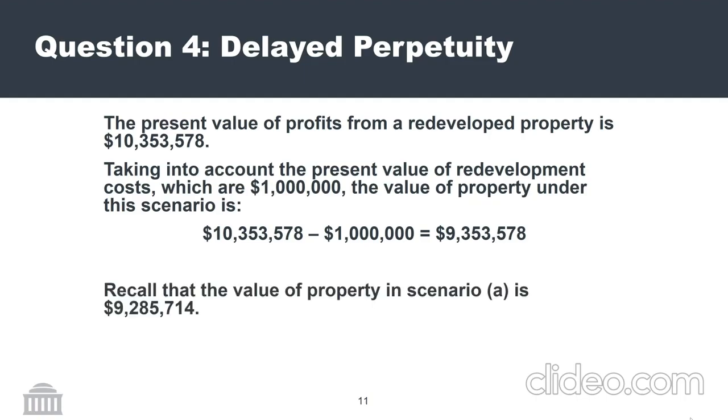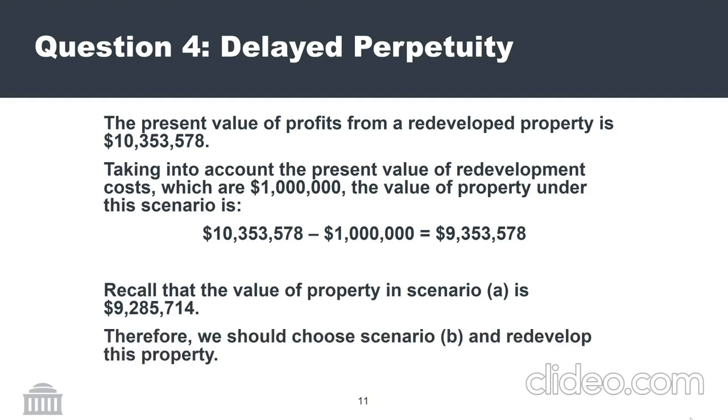Recall that if we choose scenario A, the present value of the property is $9,285,714, which is less than what we got under scenario B. The conclusion is that we should redevelop this property because this would generate higher wealth as indicated by the larger present value.